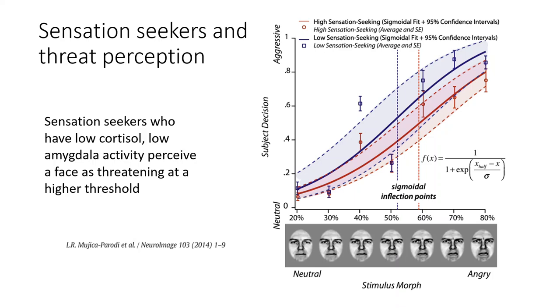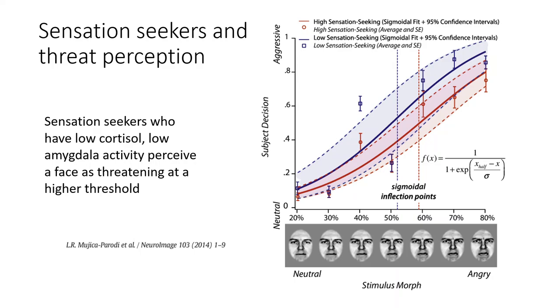Now, another study has looked at sensation seekers who, interestingly, have low cortisol and low activation. So the people who were jumpers in this study did not activate their amygdala or pump out their cortisol.